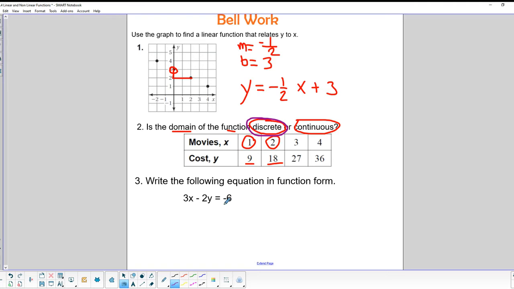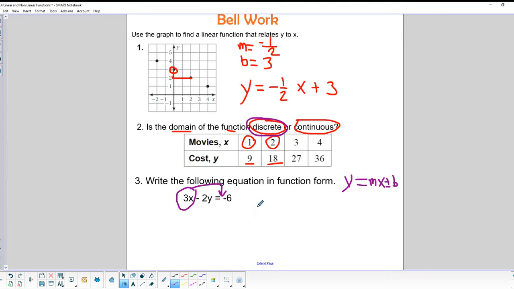The next one, we're going to write the following equation in function form, and that means to solve for y and put it into y equals the slope times x plus or minus the y-intercept form. Well, we've done that a few times, so we're going to start by moving the 3x to behind the equal sign, which is where it is in this form.